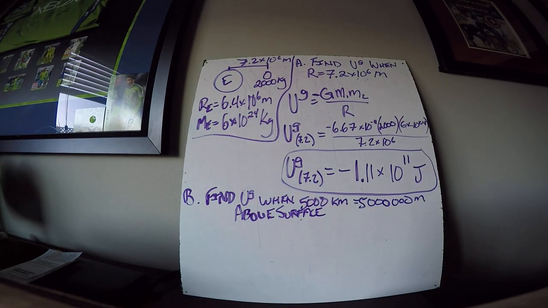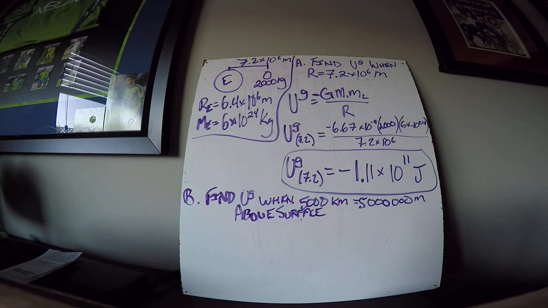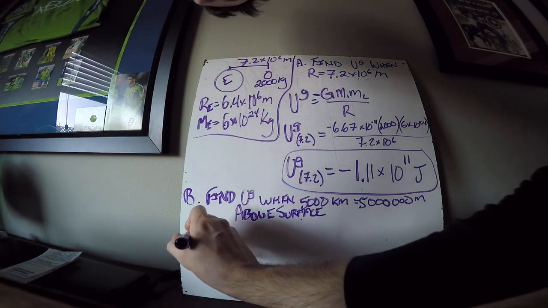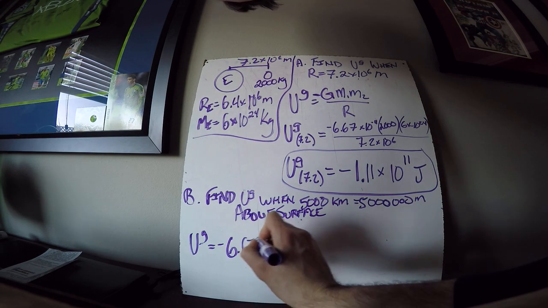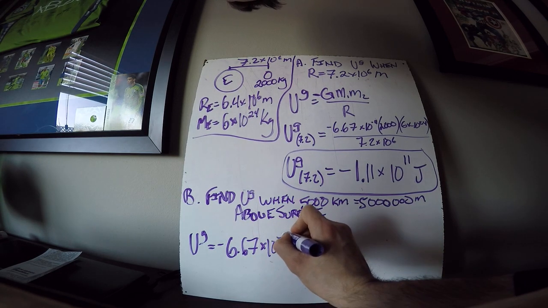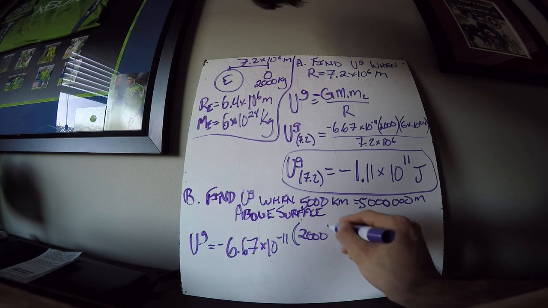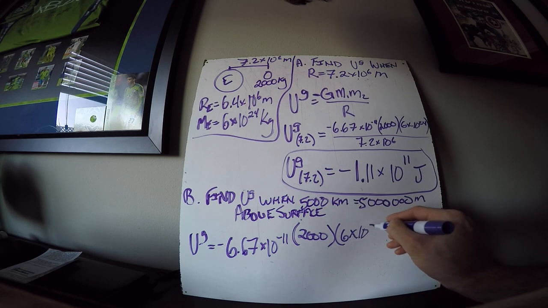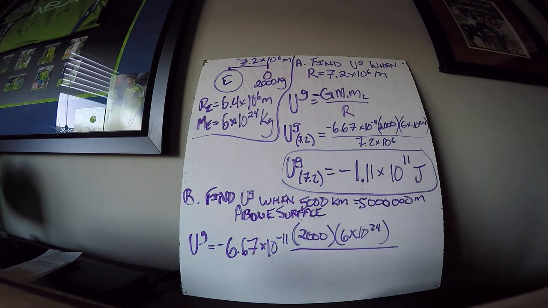So this time we're 5 million meters above the surface, so that's 5 million plus the radius of Earth. So we do universal gravitational potential equals negative 6.67 times 10 to the negative 11 times mass 1, 2,000, times mass 2, which is 6 times 10 to the 24, all over the radius.